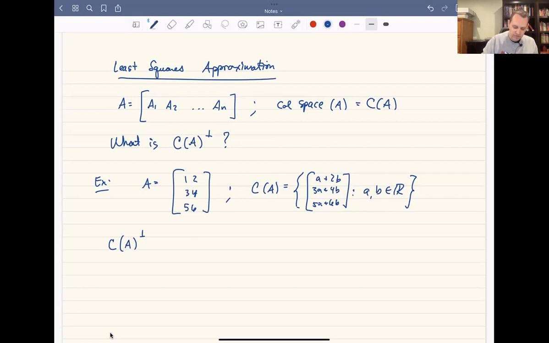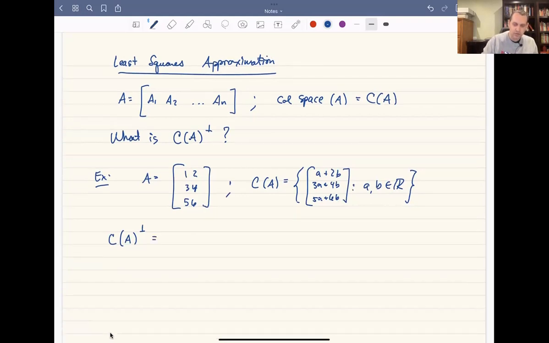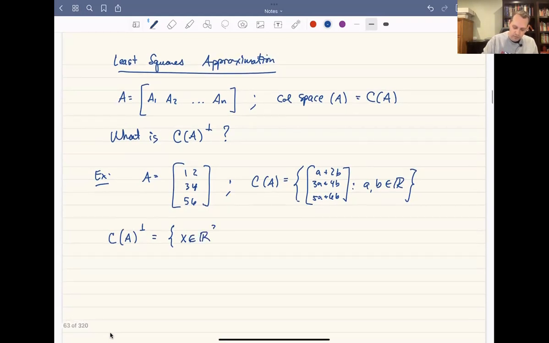So the orthogonal complement of the column space of A is going to be all of the vectors x such that, and here x will be in R3, such that x dotted with the basis vector 1, 3, 5 is 0, and x dotted with the basis vector 2, 4, 6 is 0.